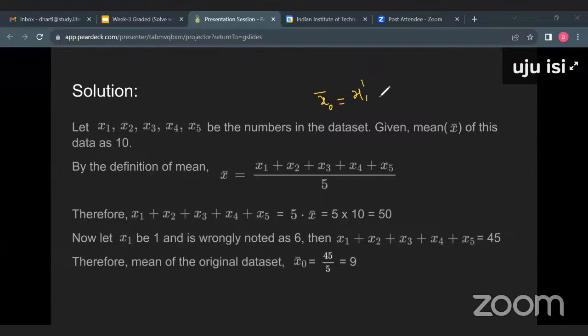It will be x1 dash plus x2 plus x3 plus x4 plus x5 divided by 5.